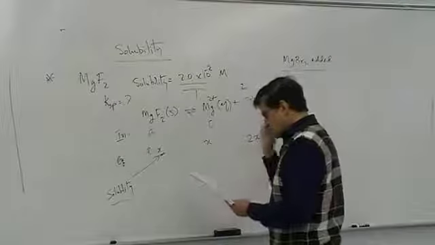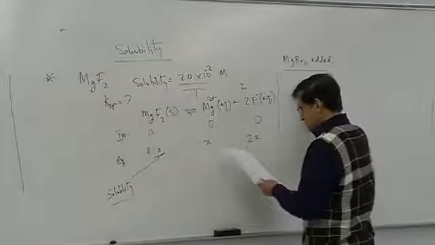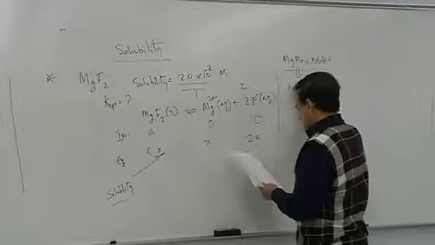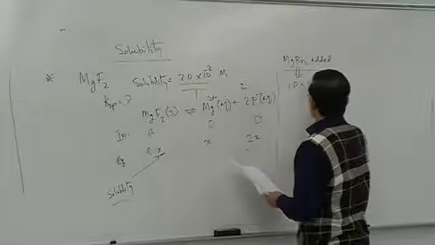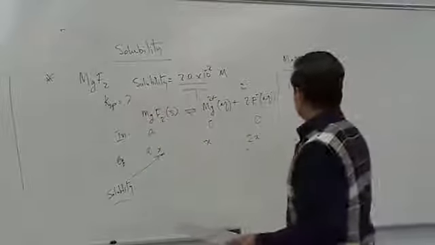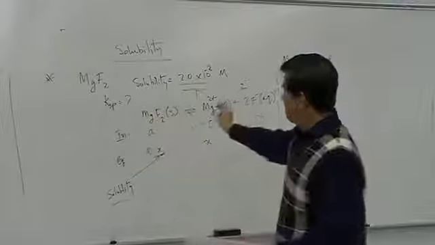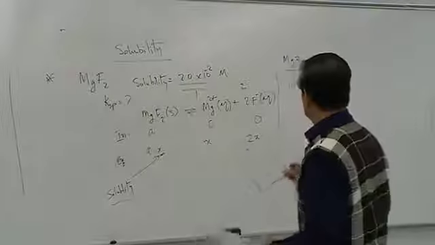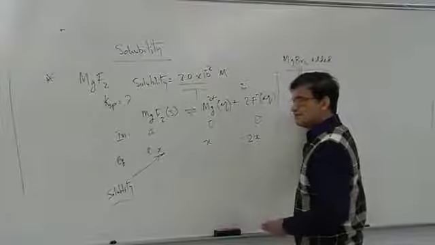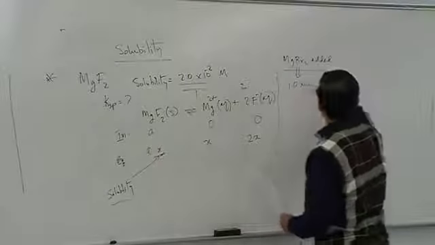Now what does MgBr2 do? Now let me write down this concentration. 1.0 times 10 to the negative 2 molar MgBr2. So basically I'm adding MgBr2 to MgF2. Now MgBr2 is highly soluble. It dissociates completely.